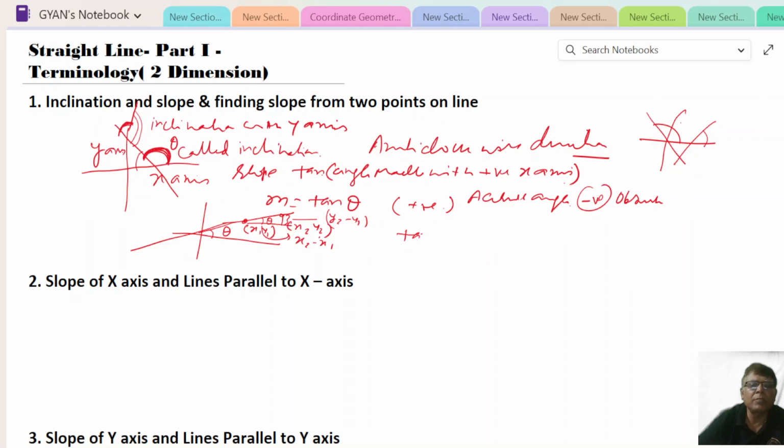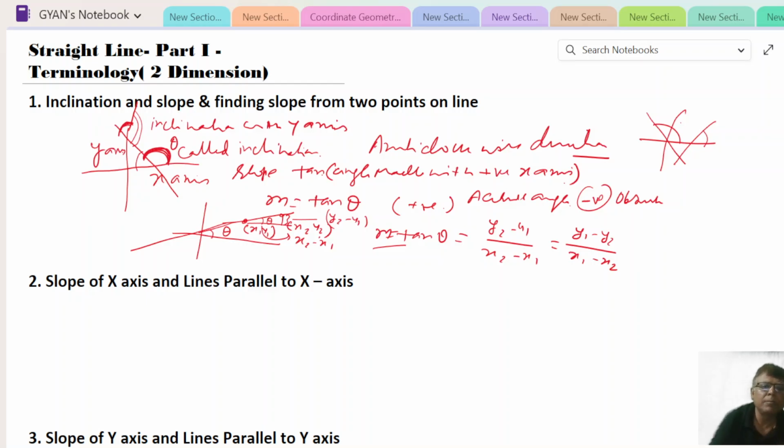So tan theta will be (y2 minus y1) by (x2 minus x1), or (y1 minus y2) by (x1 minus x2), because if you take both negative it will get cancelled. So this way you can find the slope.